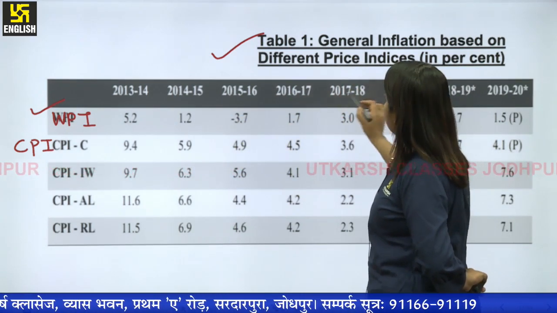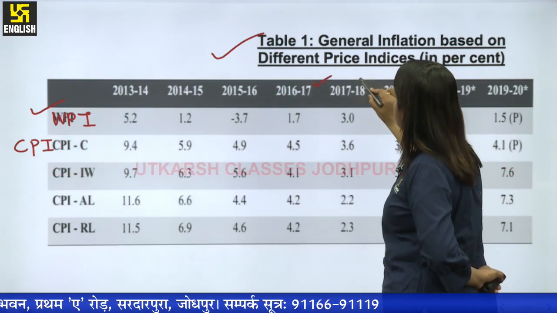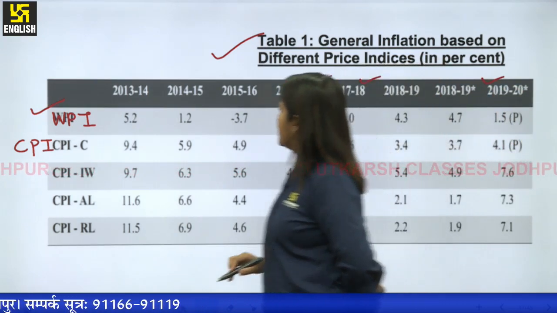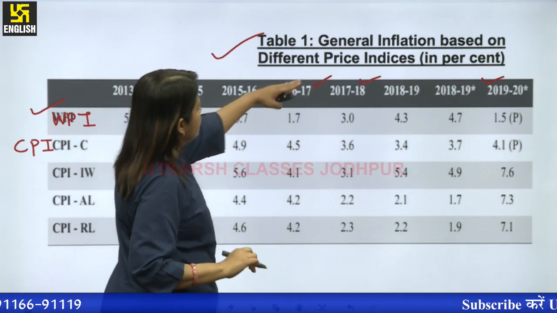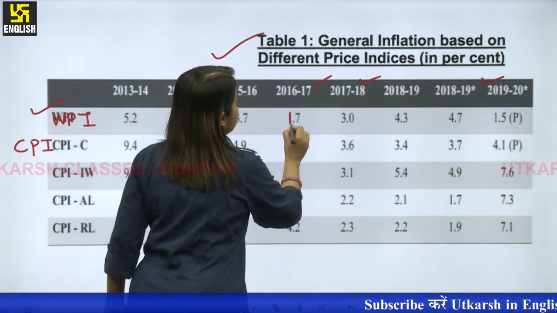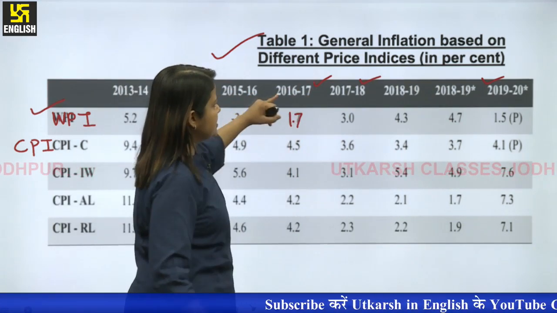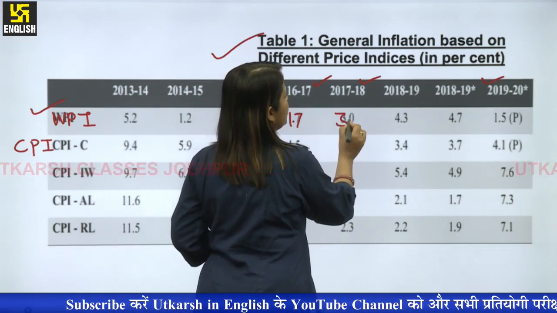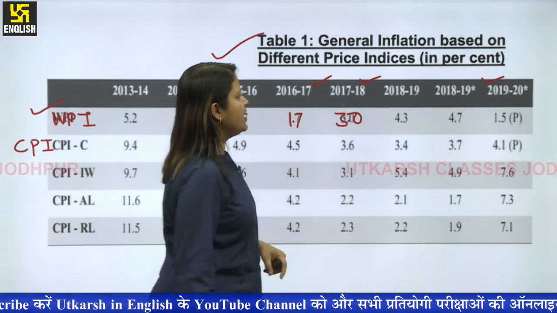We will take the data of 16-17, 17-18 and 2019-20. It was only 1.7% during 16-17, but it increased up to 3% in 2017-18.